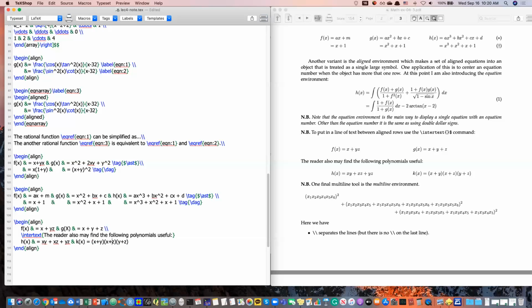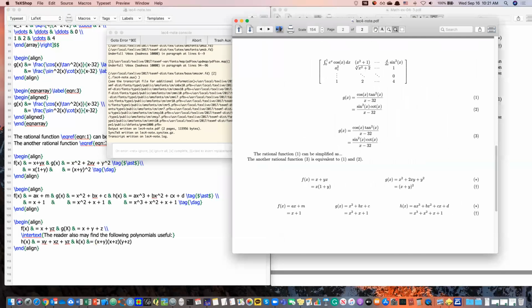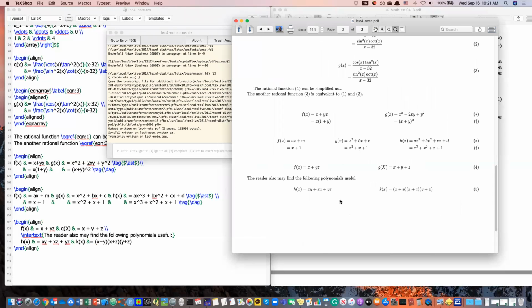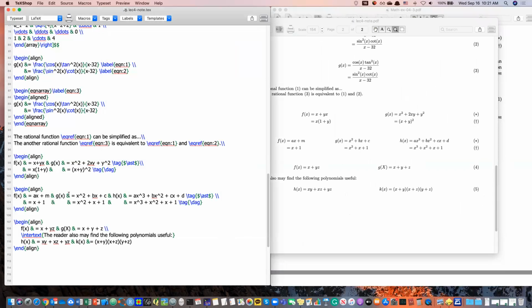Oh, I forgot to put the equal sign right there, the alignment point. Then you got this. But we got the equation number too. Oh, that should be lowercase x, right? g of x.